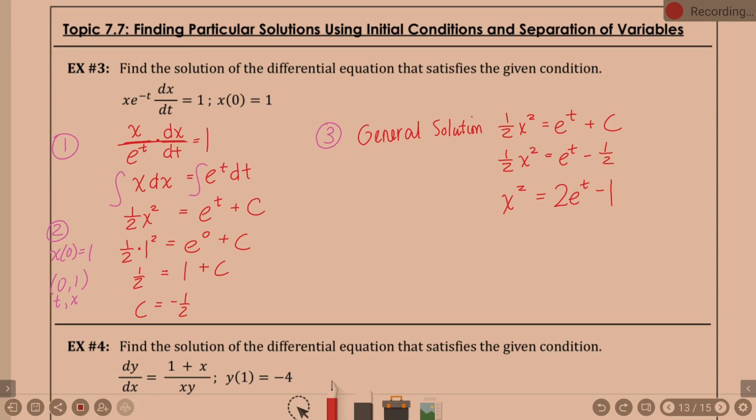That's our y in this situation. You could say x equals and do a square root, or you can also leave it like that and use that as your particular solution. Okay? Questions there?